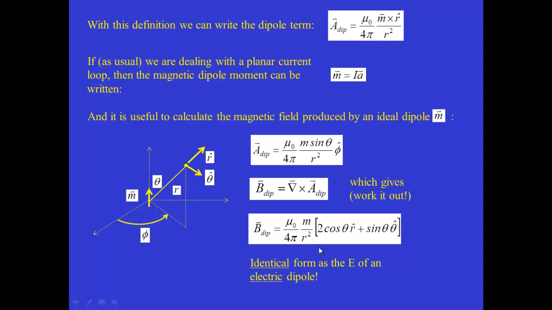It has exactly the same form as the electric field of an electric dipole. And these formulas are very useful when we start to deal with the influences that magnetic dipole moments have on other particles in their vicinity. So we'll work out some examples in class, and that is where I will see you.